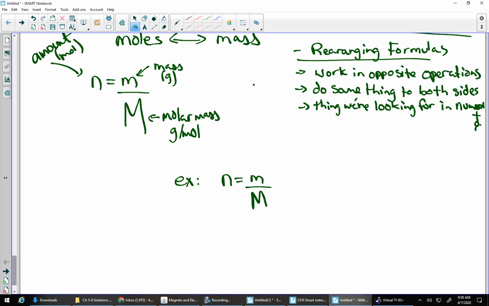We've already got it ready to go. So if we're looking for n, we've already got a recipe. n is equal to mass divided by molar mass. I just take the mass, I divide it by the molar mass. No problem. Let's look at another example.